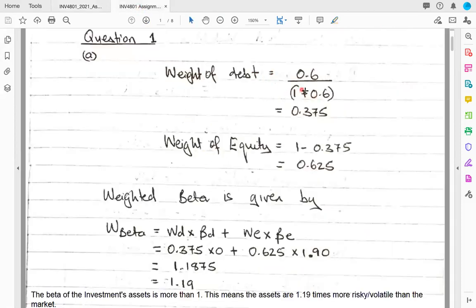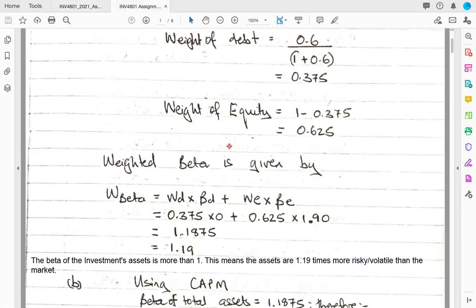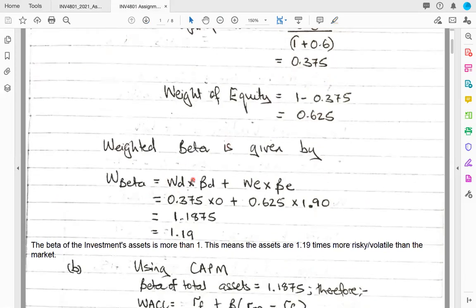So once we've determined the weight of debt and the weight of equity, we can simply get the weighted beta of these sources of finance that we have. And to get the weighted beta, we can take the weight of debt times the beta of debt plus the weight of equity times the beta of equity. So it's simply a case of substituting in.